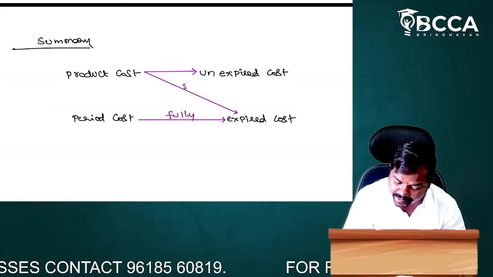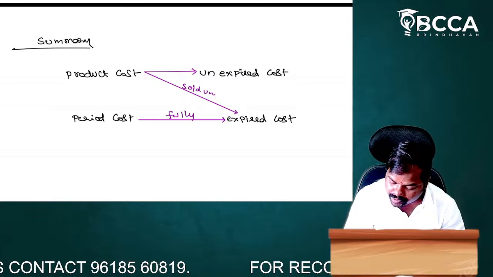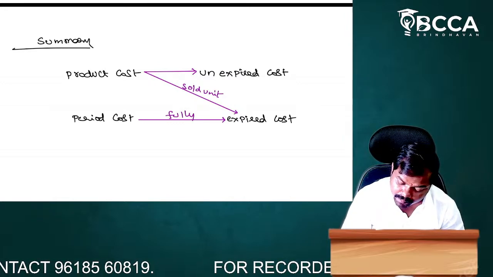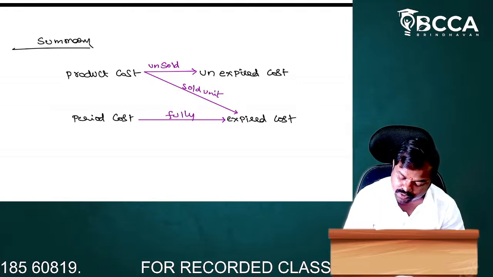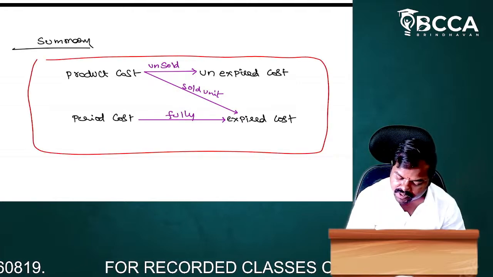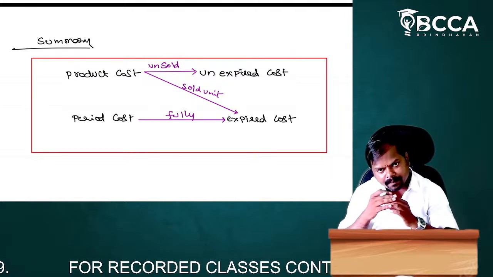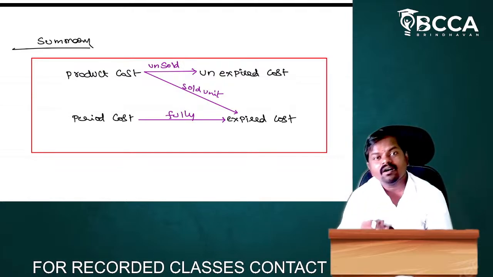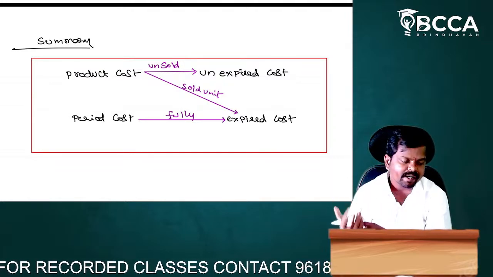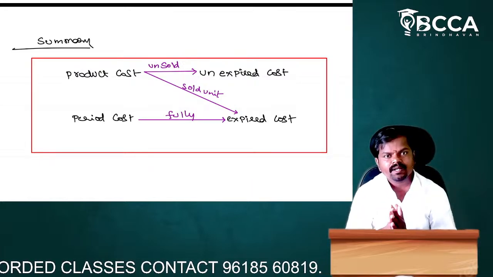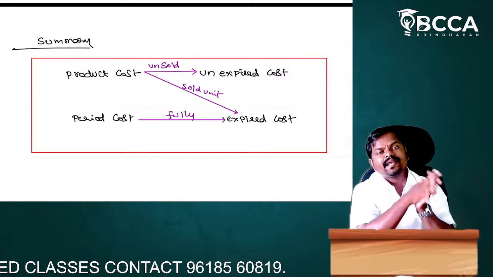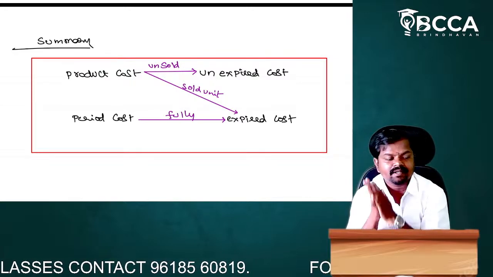Some portion expired based on sold units, and some portion unexpired based on unsold units. This is the summary for product cost, period cost, expired cost, unexpired cost. If you are getting confused, please watch the lecture again. You will get certain clarity.